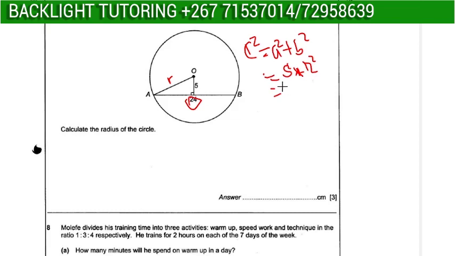So 25 plus 144, that would be 169. So for sure I know that this is the square root of 169. The square root of 169 is 13. So the radius is 13.